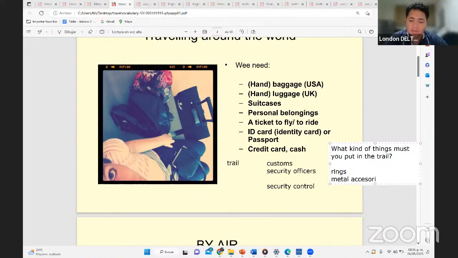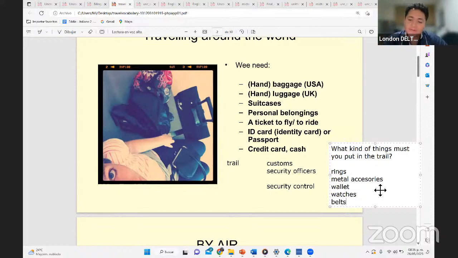Esto es, imagínense que ya estamos en el aeropuerto, right? Entonces hay que poner metal accessories, any rings, any wallet. Belt, necklaces, wallet, ajá, muy bien, cartera, watches, okay. Very well.